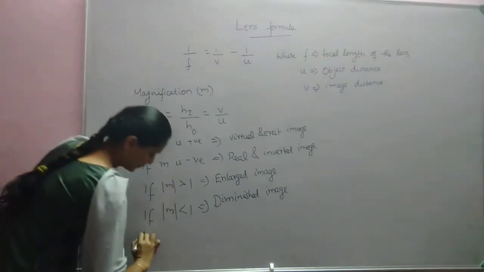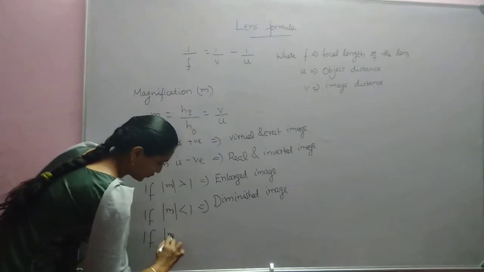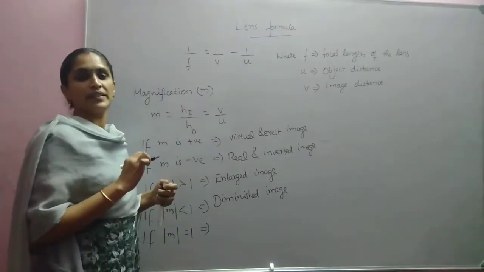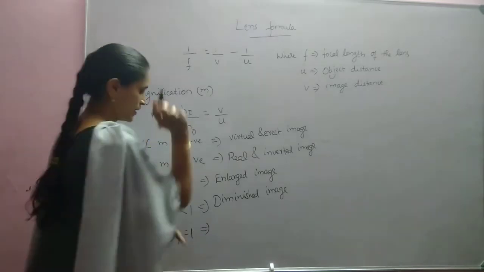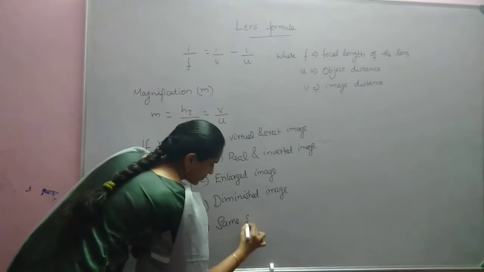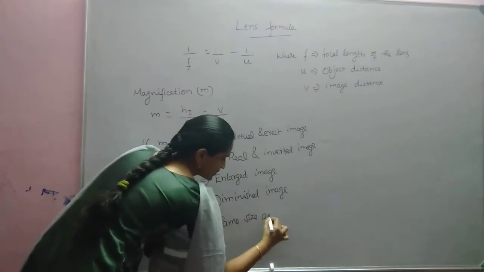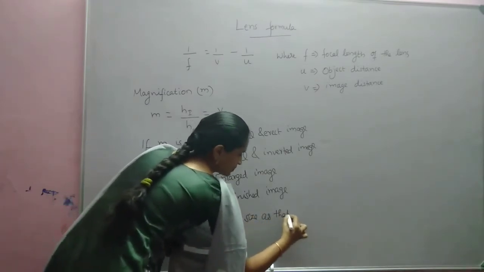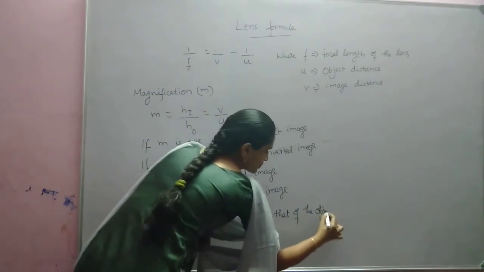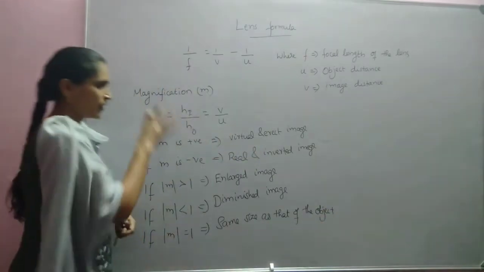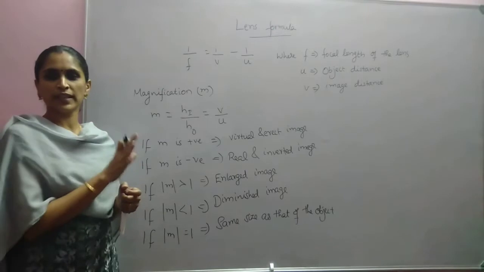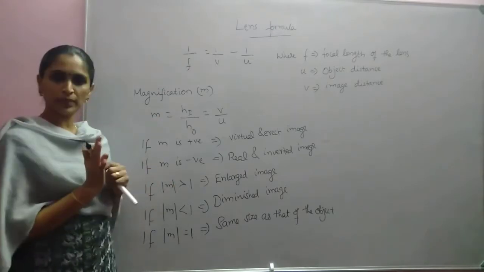If the magnitude of m is equal to 1, the height of the image is equal to the height of the object, so we can write same size as that of the object. If you remember these things, you can solve any problem based on this lens formula.